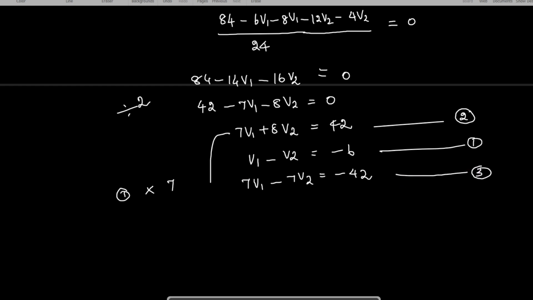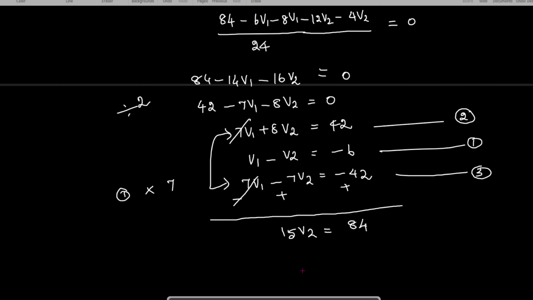Now if you solve these two using elimination, whether this is minus, this is plus, this is also plus, okay. So the second and third equations, these two get cancelled and here you get 15V2, that is 84. So what is V2?